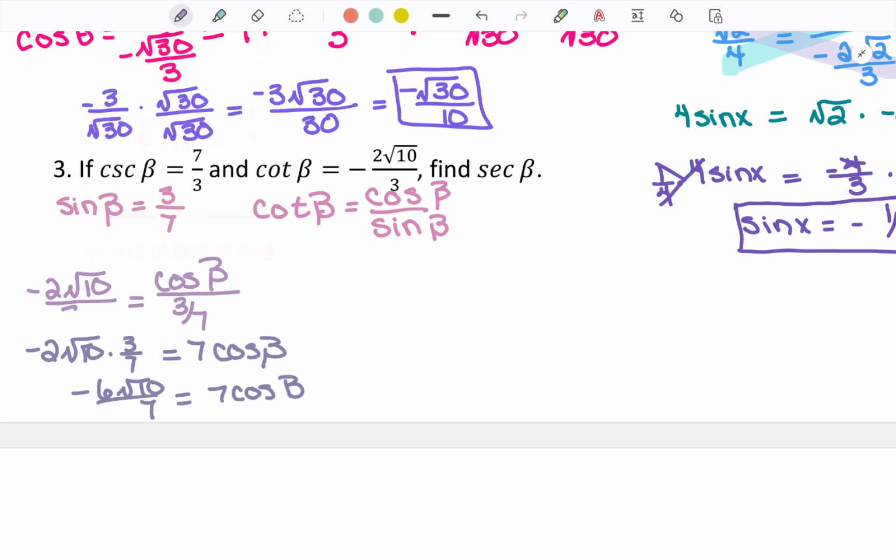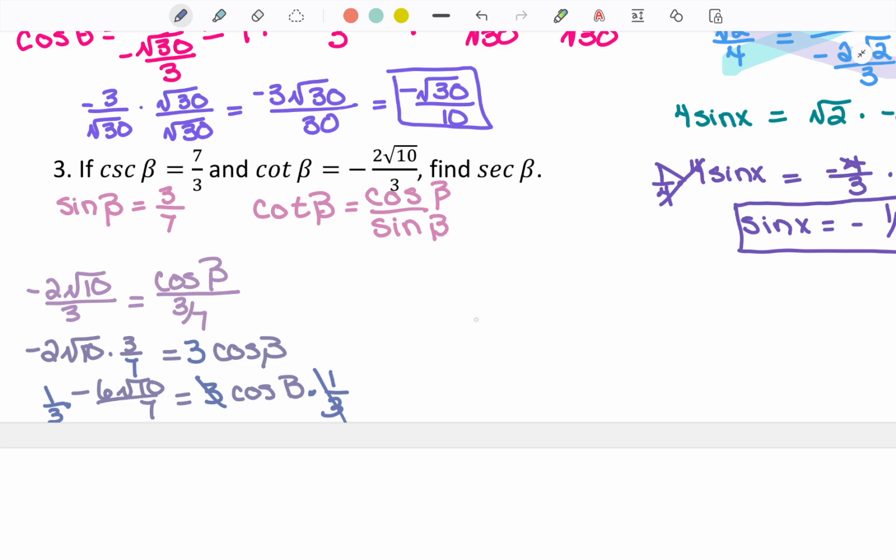I copied that down wrong, and I just realized it because we are not going where I thought we were going. So that one is 7, but then we have a 3 here. Okay, that is much better. And then we will go ahead and multiply by that 1 over 3 to get cosine alone.